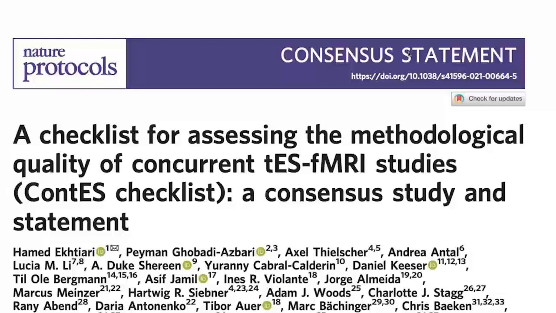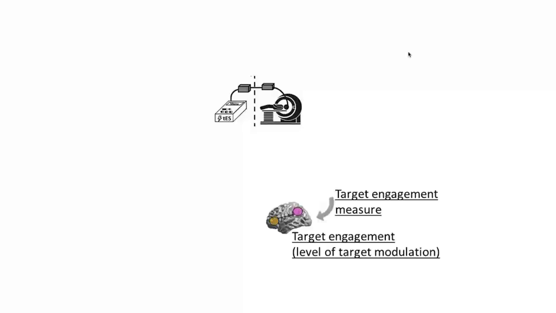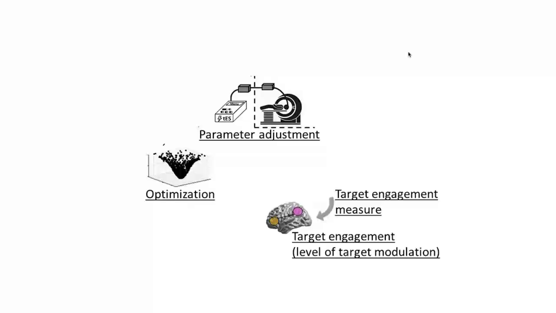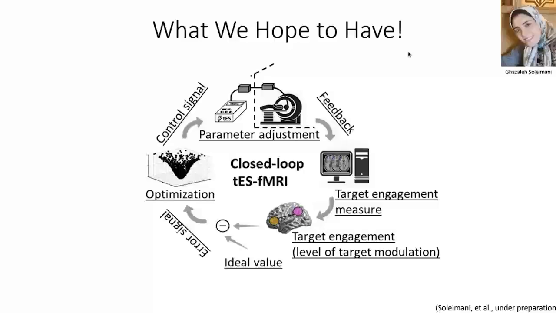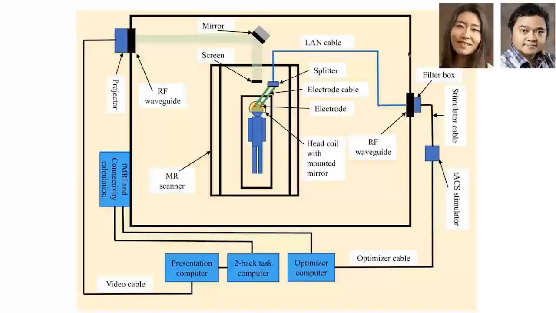So we have been able to put together another consortium of people who are doing electrical stimulation inside the scanner. And that is helpful to be able to basically have what we call closed loop TES fMRI. So we can put people inside the scanner, we can define a target, and we can try to optimize the stimulation parameters to be able to target a specific network that we are interested in.